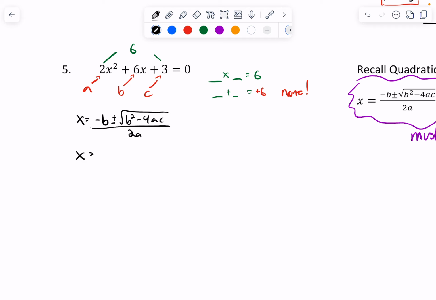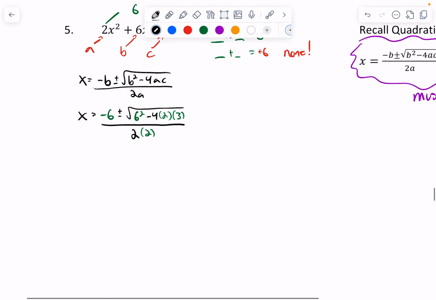In this case, b was positive 6, so you have minus 6 plus or minus 6 squared, and then minus 4, our a was 2 and our c was 3, and that is all being divided by 2 times the a value, 2.